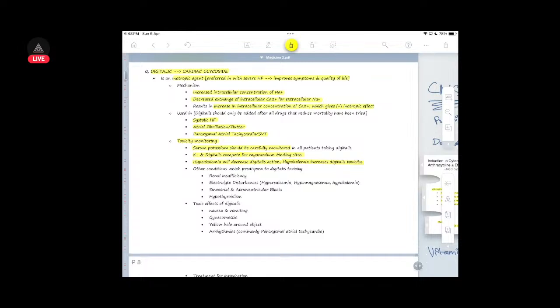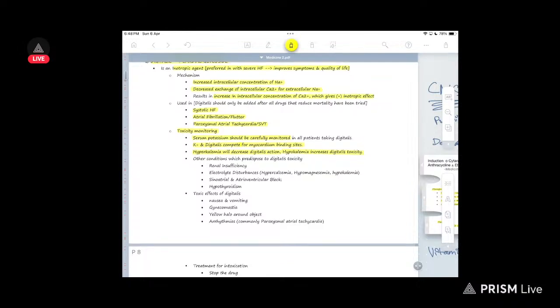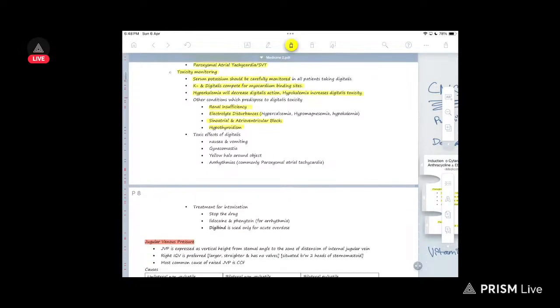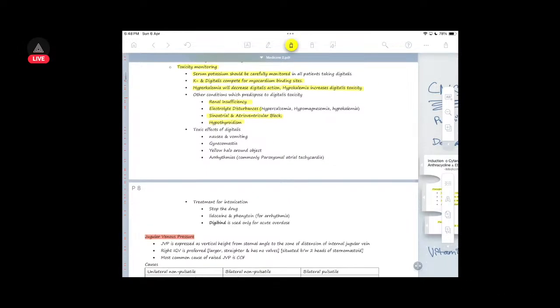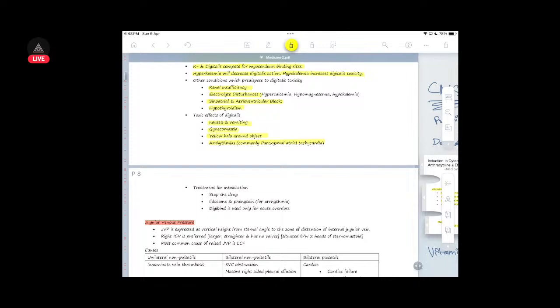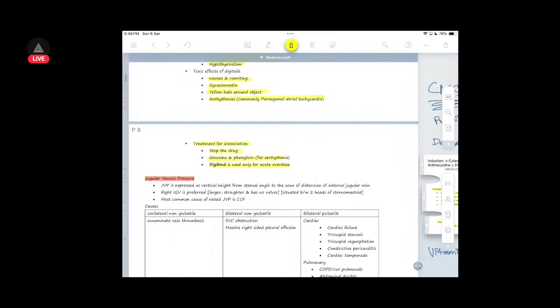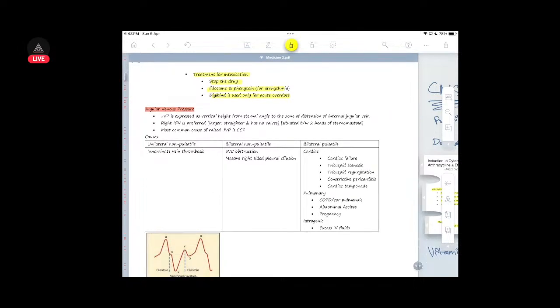Other conditions which predispose to digitalis toxicity are renal insufficiency, electrolyte disturbance, sinoatrial and AV block, hypothyroidism. Toxic effects of digitalis: nausea, vomiting, gynecomastia, yellow halo around an object, and arrhythmias. Treatment of intoxication: stop the drug, lidocaine, phenytoin, digibind for acute overdose.